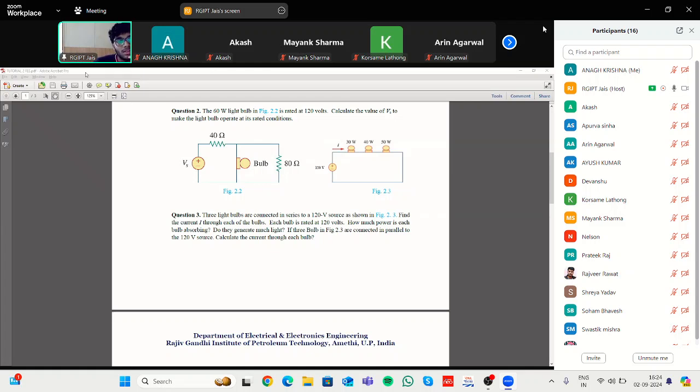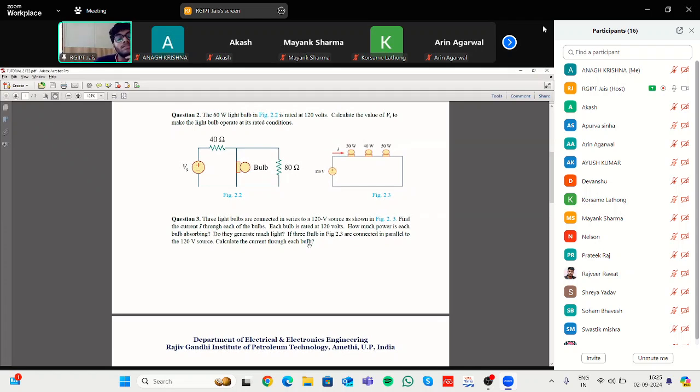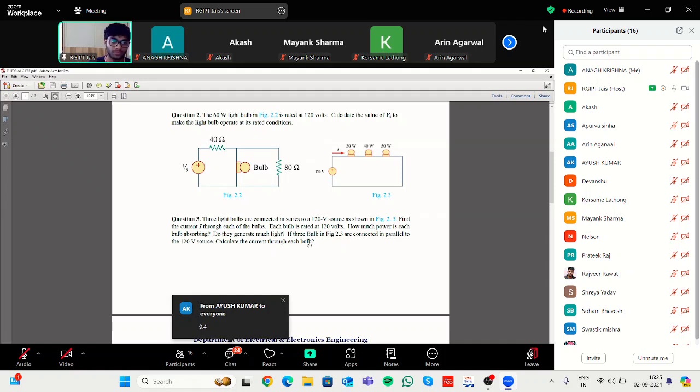Any more answers? Ayush Kumar, what is 9.4?